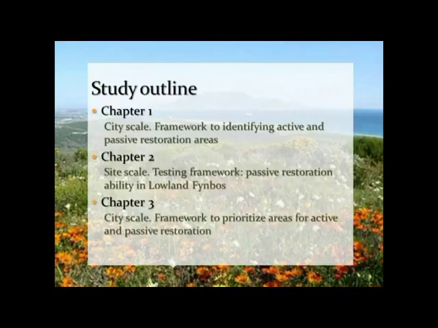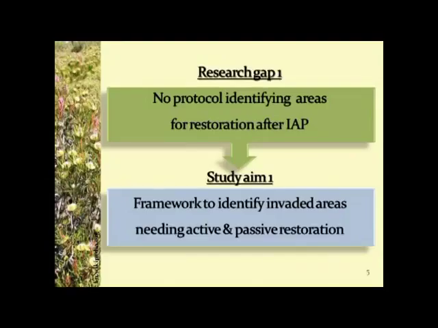So the first research gap that I've identified is that there's no protocol to identify areas for active restoration after alien plant invasion. And I would like to address this gap by developing a framework to identify these areas needing active and passive restoration.